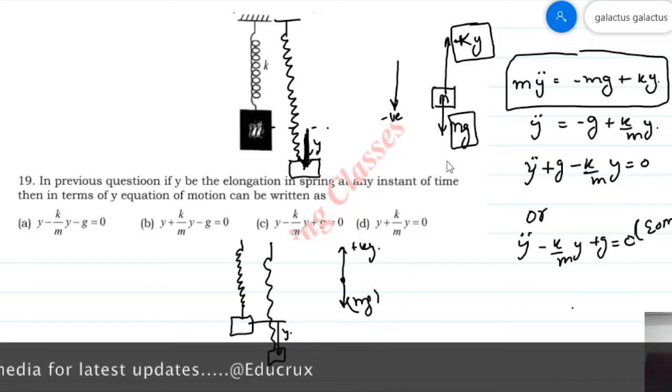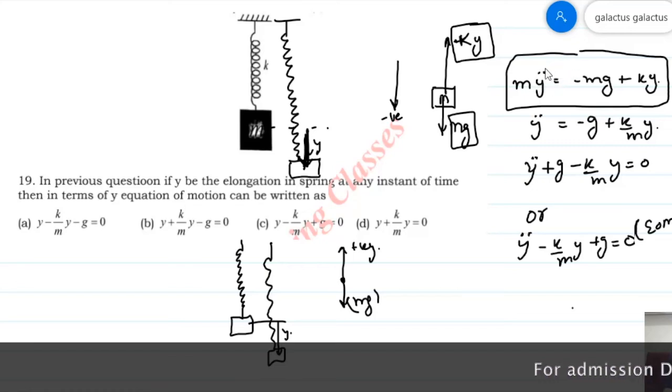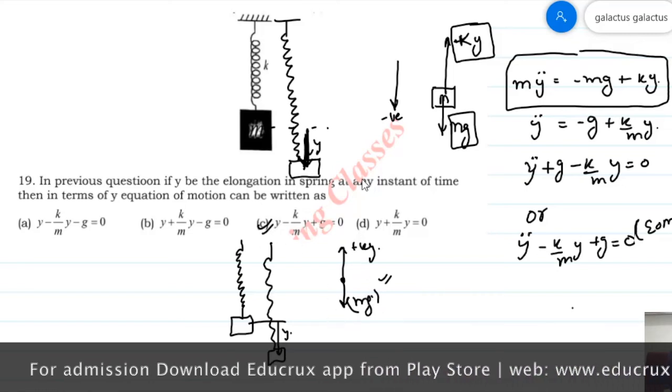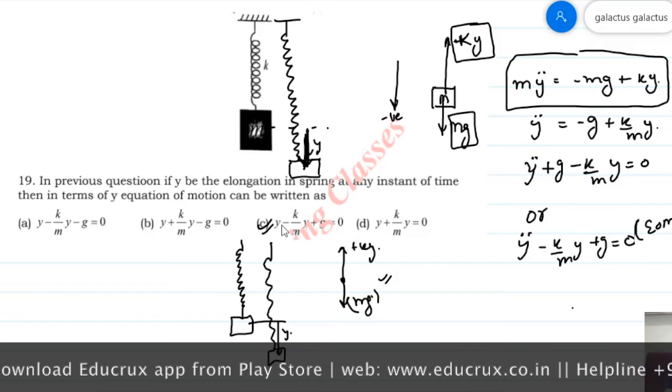If I formulate Newton's laws of motion, that is if I balance the forces, this is the equation that I will get, and this will be our answer. So this completes our question number 19.